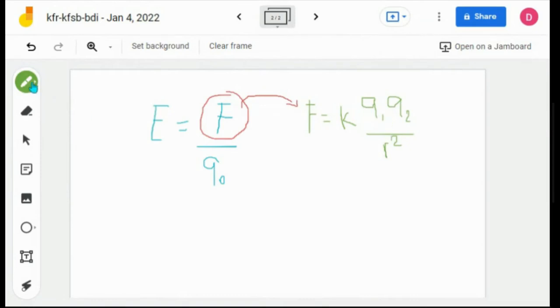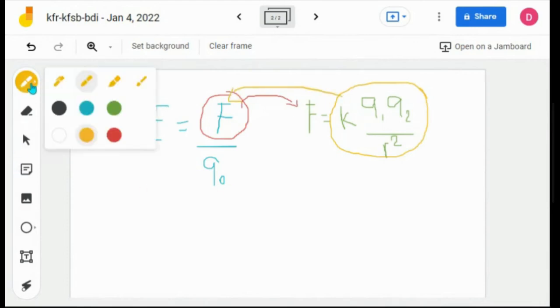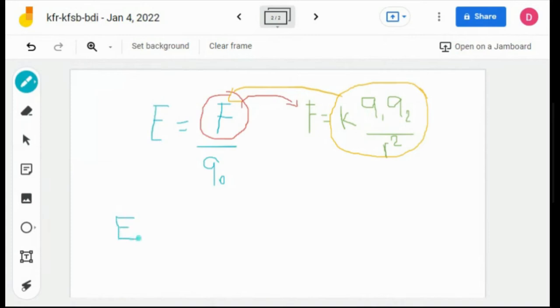Now, let us substitute this equation to F. And how do we do that? So we can write here E is equal to K. Now we have an individual charge. We have an unknown charge Q, and we want to test that this charge Q has an electric field.